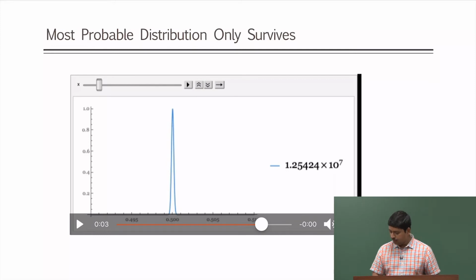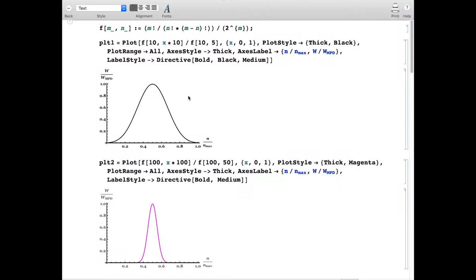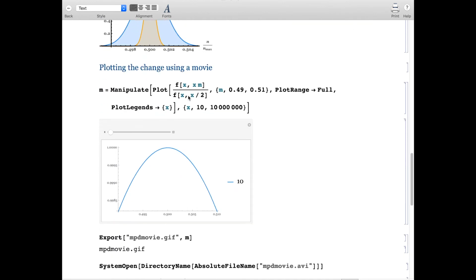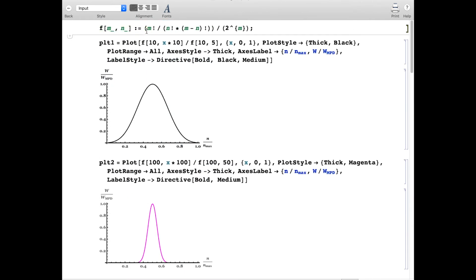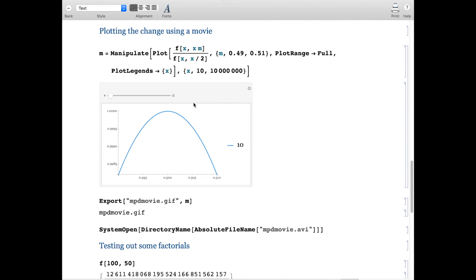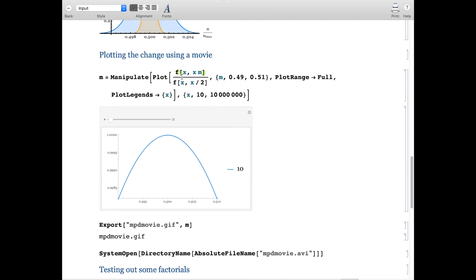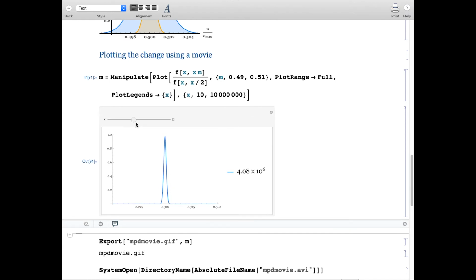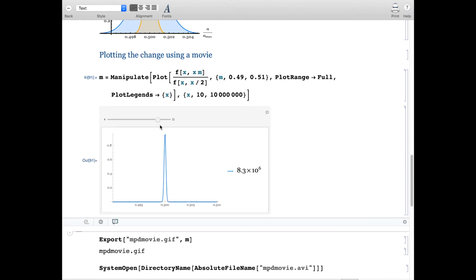I can show you that same thing in Mathematica. So, these are the plots that I already showed you, and this is the function n factorial by n1 and n2 that I denoted here. You can see here I am plotting this w by w MPD in a fractional manner, and then I can get this formula.